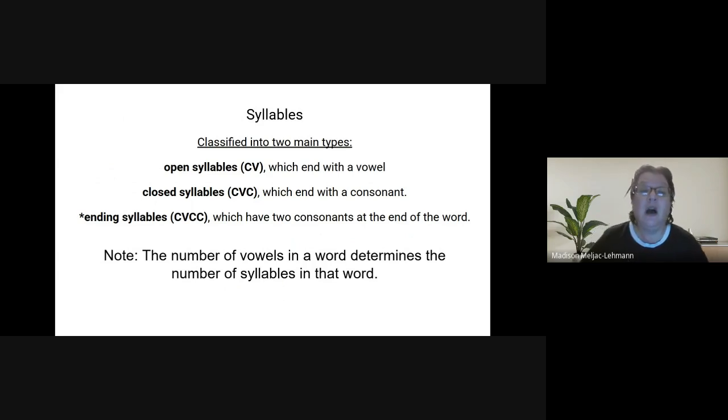So don't worry, but I want to let you know that unlike English and some other languages, there are never two consonants together. I can't even think of one example of two consonants together, except for this exception at the end of a word.